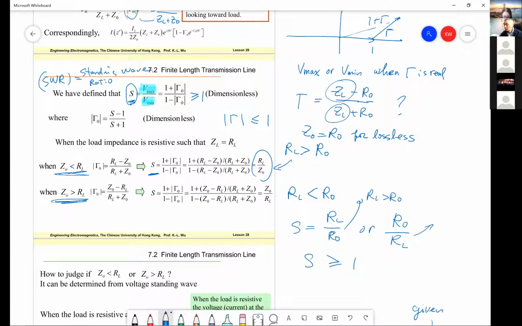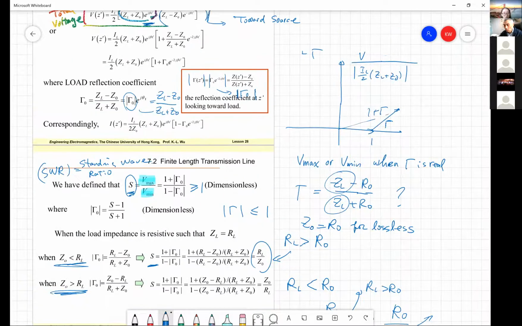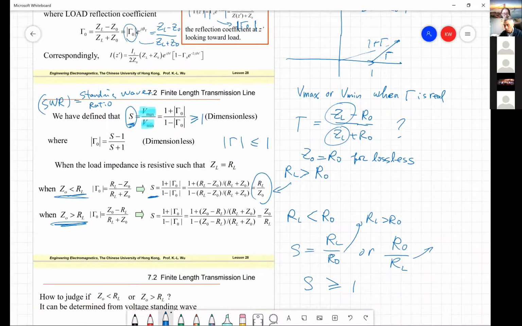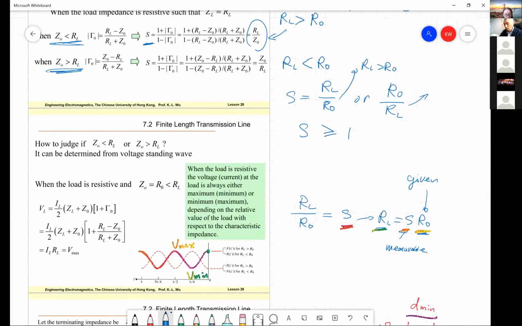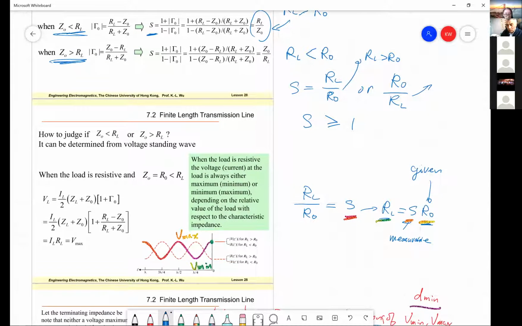If the load is large, when the load is larger than the characteristic impedance, we have a voltage maximum.